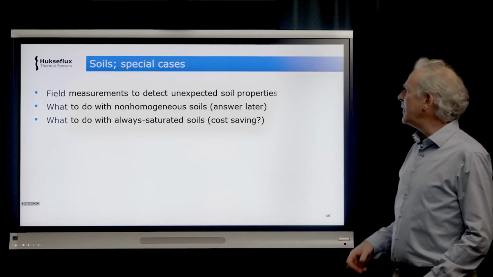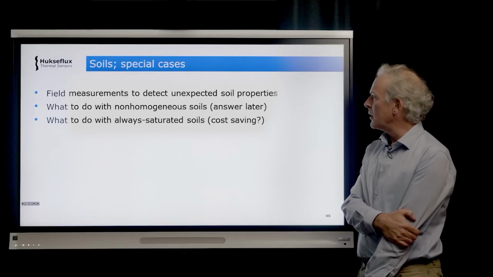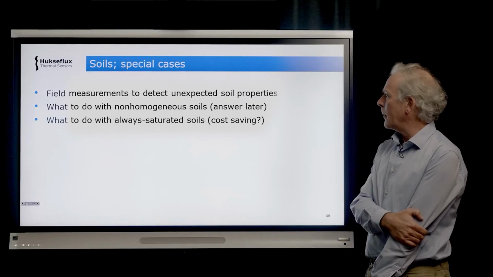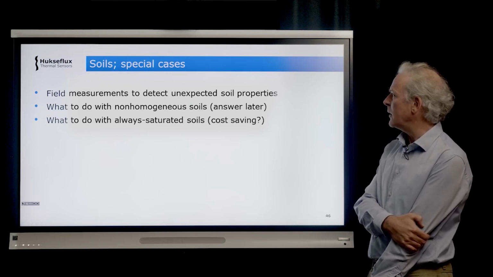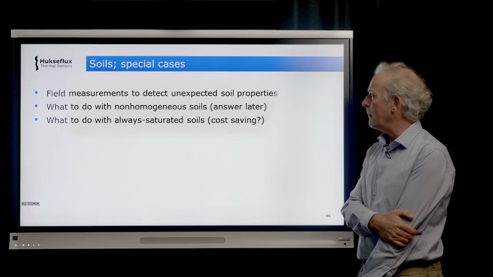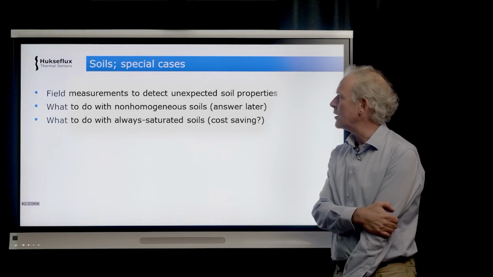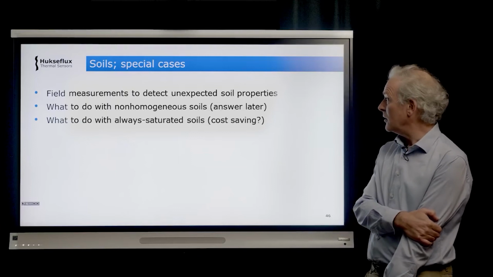So there are some special reasons why people perform or encounter special cases in soil thermal conductivity measurement. First of all, some surveys are done just to detect unexpected soil properties.